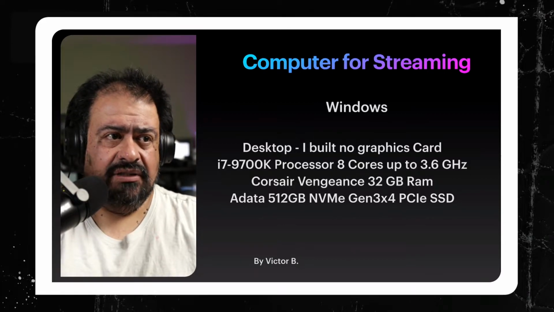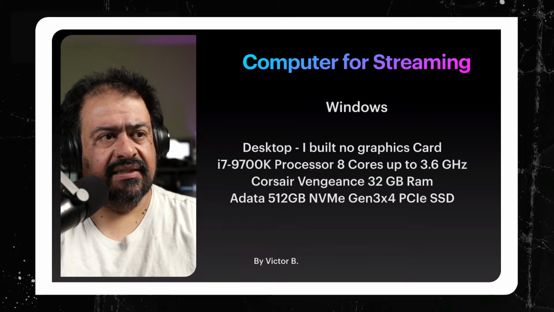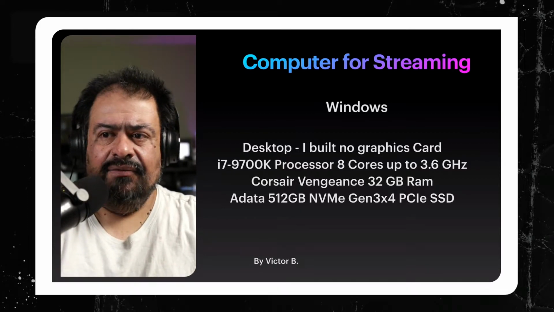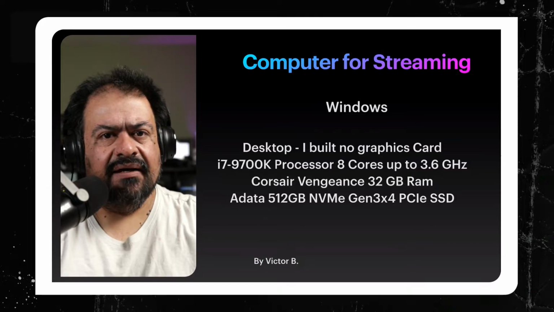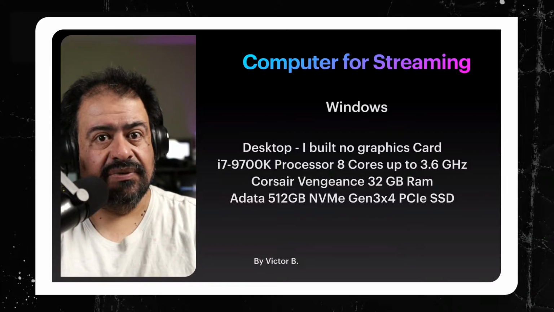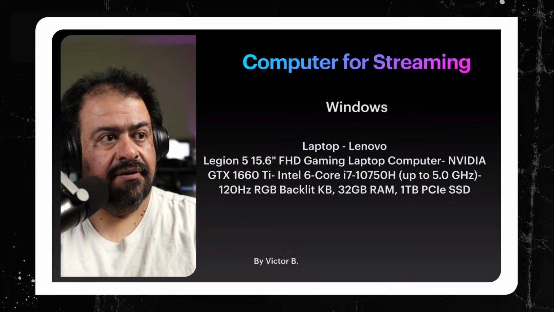NVMe's go into the thousands. So when I did a benchmark test, a read/write speed test on my desktop, it was I think 3,000 on the read and 2,400 on the write. So there's a big difference between the storage drives.